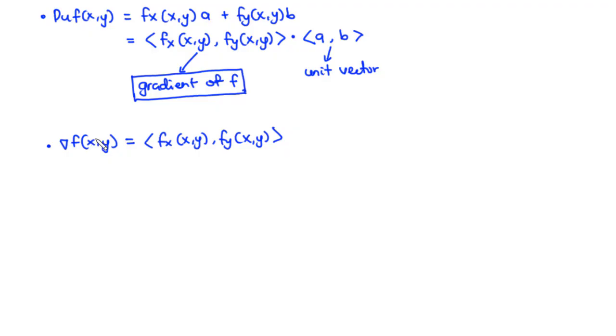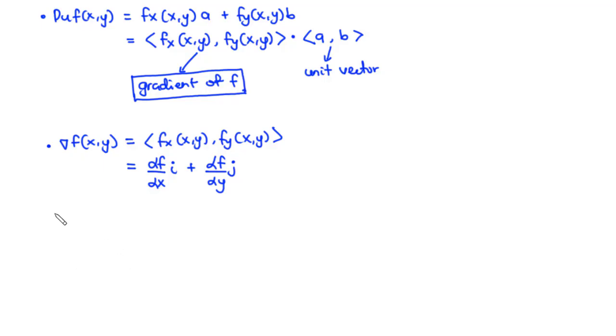So notice that the gradient of a function is a vector function, and this can as well be expressed as the partial derivative of the function with respect to x times i plus the partial derivative of the function with respect to y times j. So basically, this is how to express the gradient of a given function.